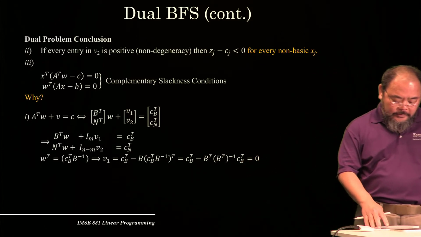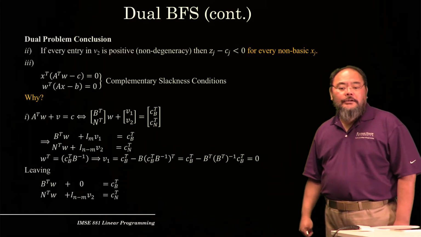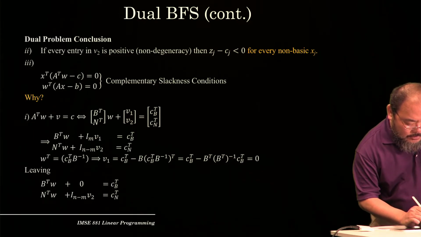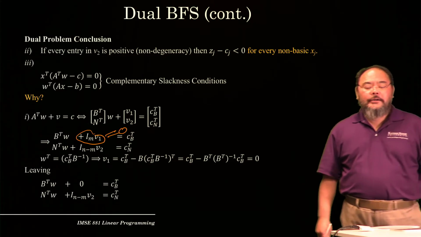That part is fairly straightforward. So this part of the matrix equals 0, and that's the result we are getting.